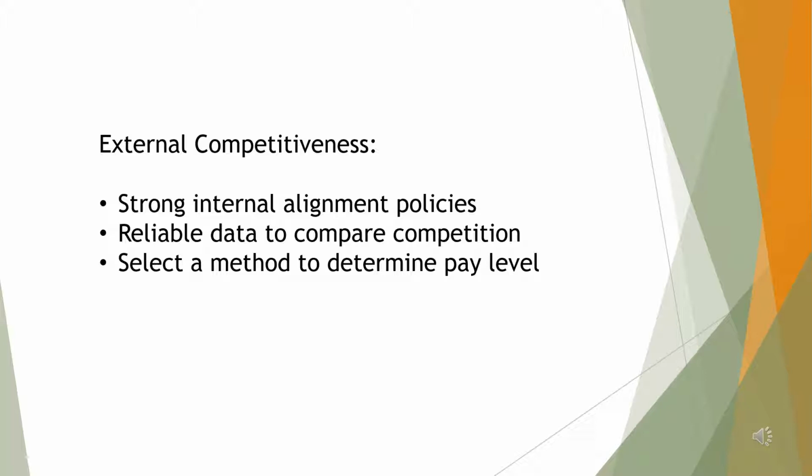And then you want to use reliable data to compare what is going out there in the marketplace, what your competitors are doing, and then you're going to select your method to determine your pay levels, whether it be broadbanding or pay grades and ranges. And once you have that in place, you're ready to move on.